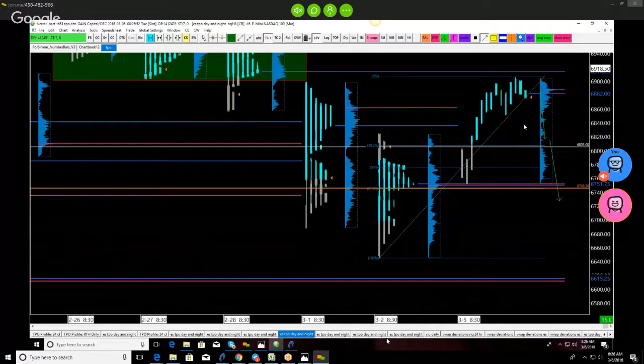What I'd like to see, and what I imagine it would look like, is that we would push down in a series of up and down like this, because you got to believe they're going to find responsive buyers down here. So what I want to do is get an impulse move below that, and then on a backside test back in here, now I'm looking for a short or a continuation to the downside. But I do not want to establish a short underneath 67.45. Ron is absolutely correct. Basically, I'm not taking shorts this morning unless I see a breakdown.